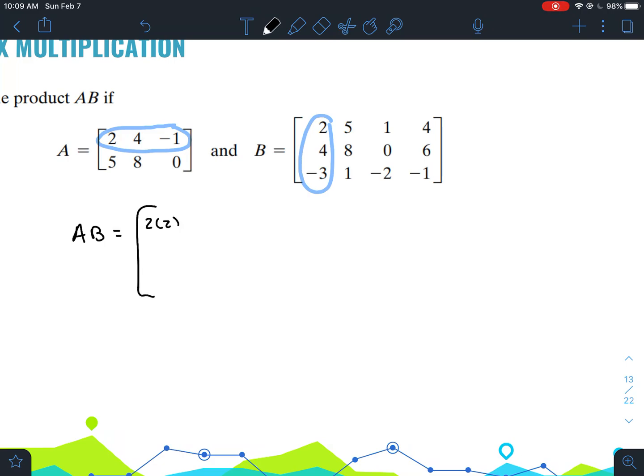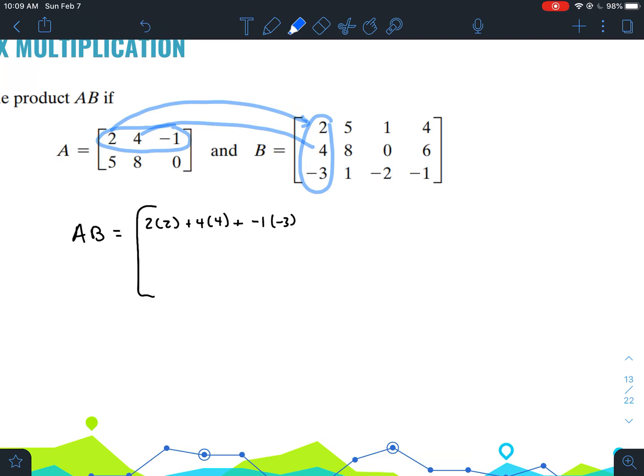So we're going to do 2 times 2 plus 4 times 4 plus -1 times -3. And that's going to give you just the first entry in your product matrix.